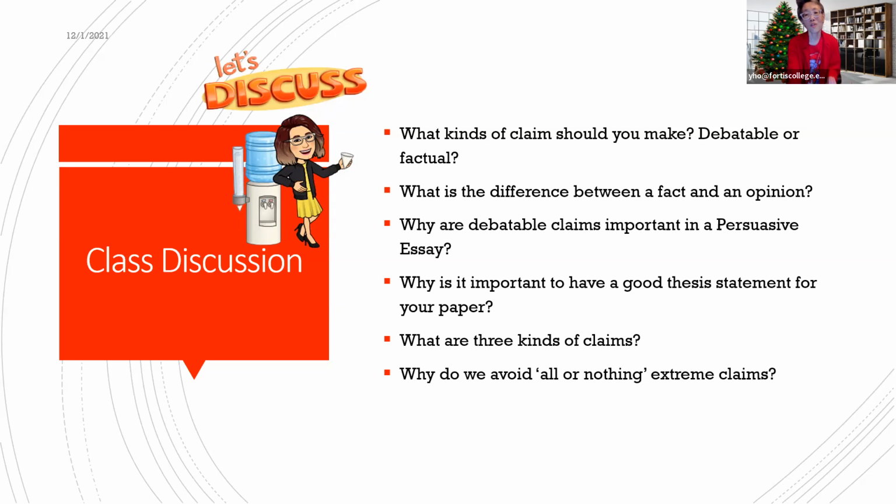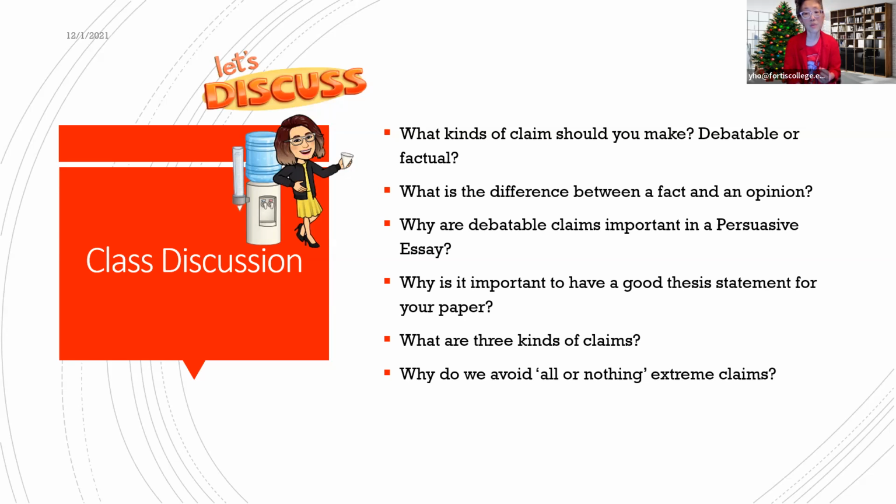Therefore you want to make a claim like more Asian Americans should be represented in movies, but other people might say, no, more Hispanic Americans should be in movies. Or somebody might say, no, we should have everybody equally in movies. So that makes it debatable. When you make something debatable, that's what makes your paper interesting.